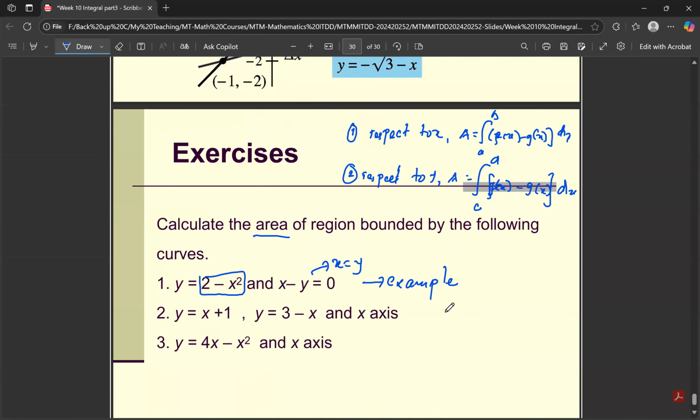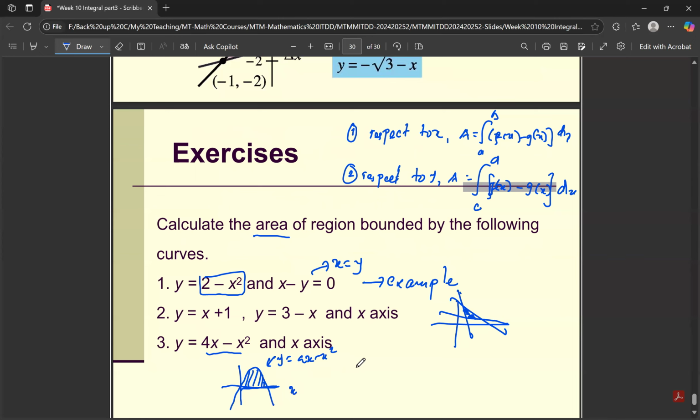Okay, this is number 3. You must write three linear equations. So maybe the area is in the intersection of the three equations. And also this one might be like this. And this is the x-axis. This is y is equal to 4x minus x squared, and this is the region.